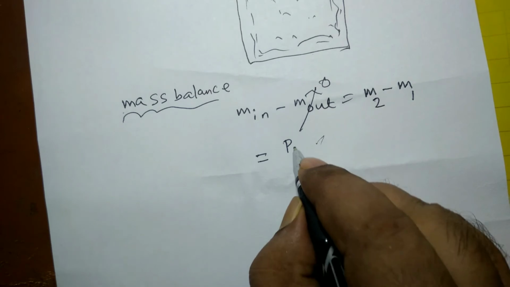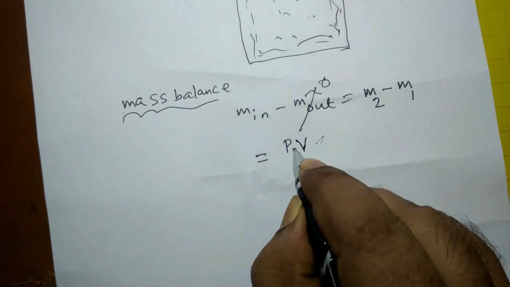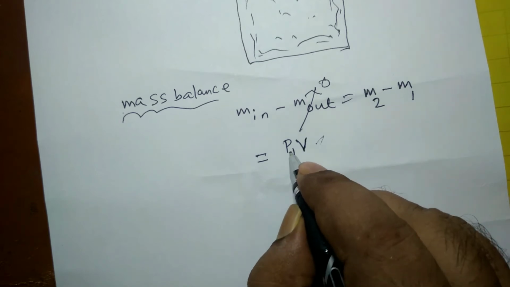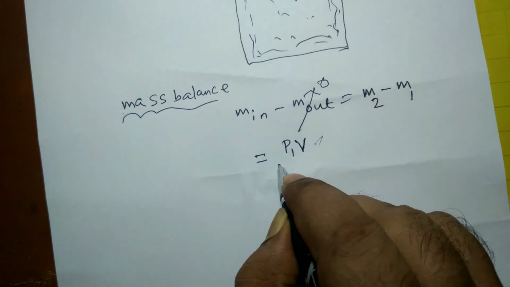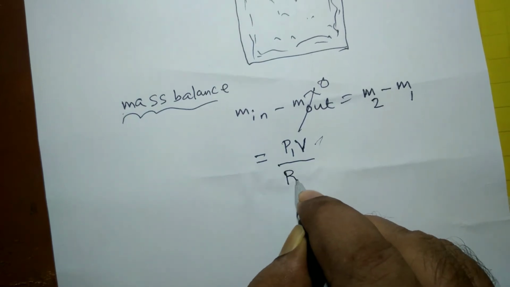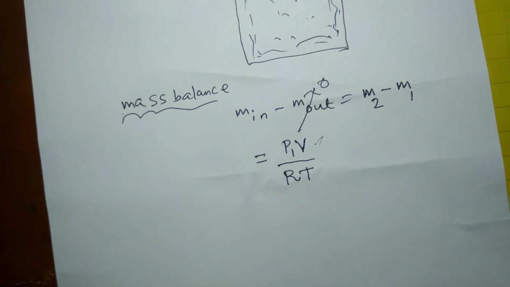You see, final pressure will be P1. Volume suppose is V. Volume ये तो दिया हुआ है ना क्वेश्चन में, मतलब P1 V divided by RT. फाइनल टेम्परेचर T है, जिसको हम T1 और T0, P1, P0 टर्म में एक्सप्रेस करना है.